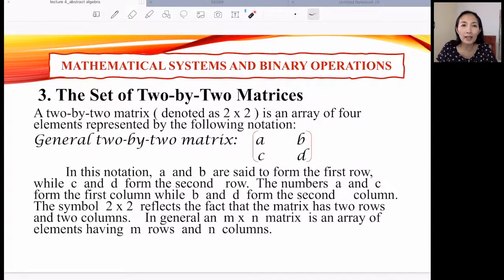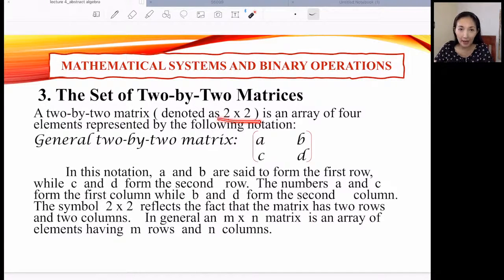Let's review the set of 2 by 2 matrices and the operations defined on it. Why do we say 2 by 2?